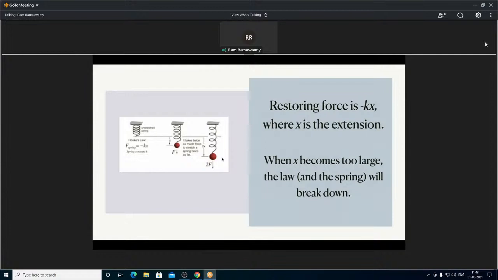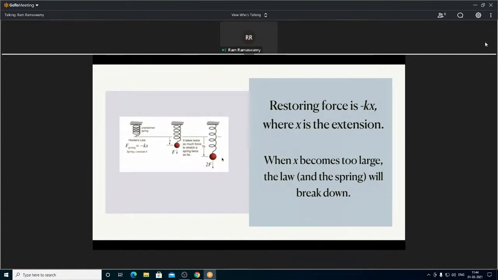Many of you would have done this experiment in high school, where you have to measure the restoring force on a spring. How long does a spring stretch out, and the force is proportional to the extension. Now, this is a linear law, only true in a small regime.